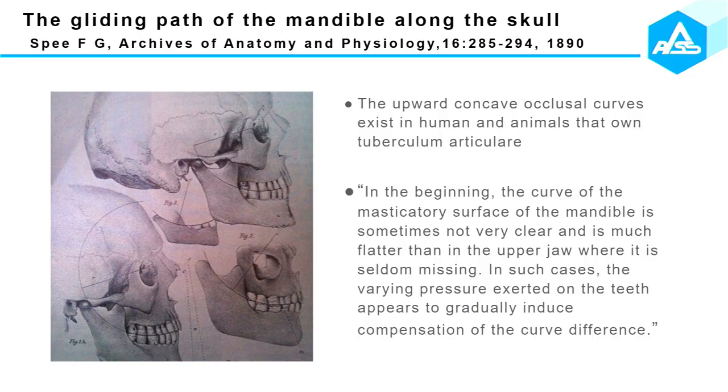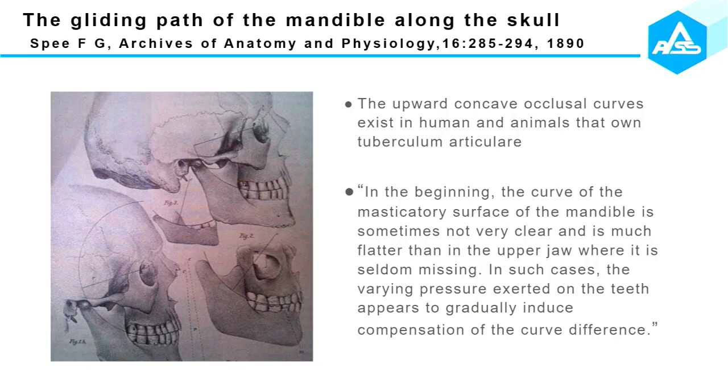He said, the upward concave occlusal curves exist in humans and animals that own tubercular articulate bellies. But he did not say whether the curve of Spee is on the upper or on the lower arch.